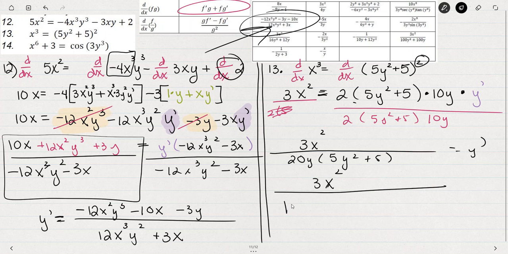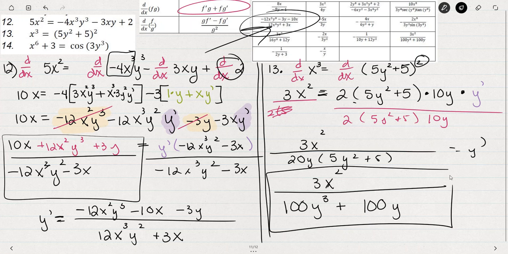Five times 20, 100. Y times y squared is y cubed. 5 times 20 is 100. Y, and that'll do it. Sometimes you could leave it in this factored form too, but if you're looking to match up to the answer in the answer box, that's the one that'll work.